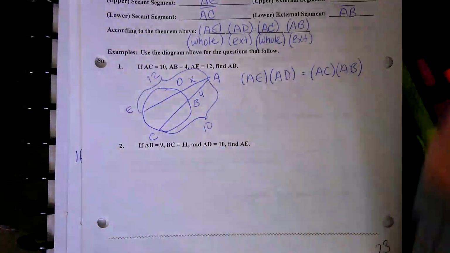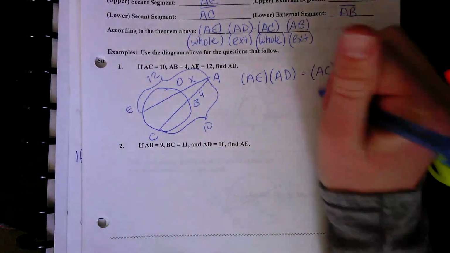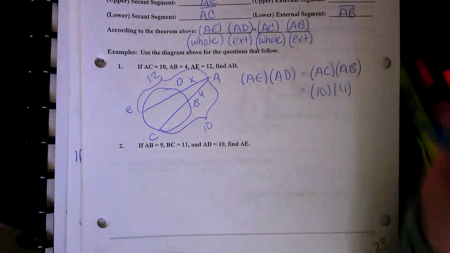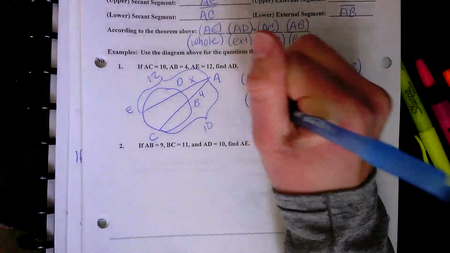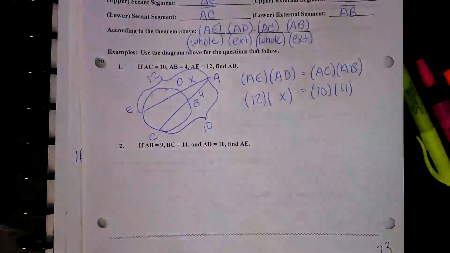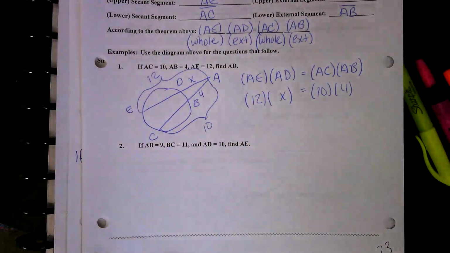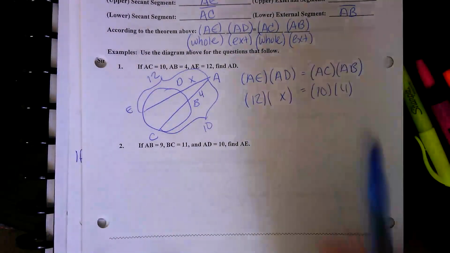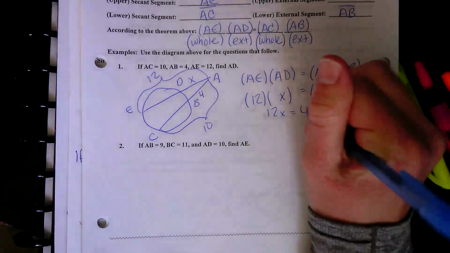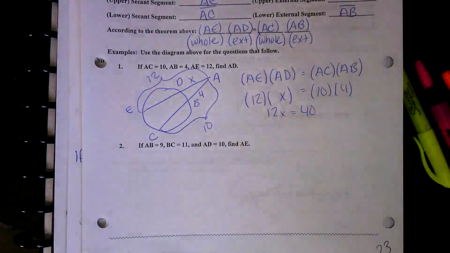AC is 10, AB is 4, AE is 12, and AD is X. That's what we're trying to find. Now we just solve for X. So 12 times X is 12X, and 4 times 10 is 40.